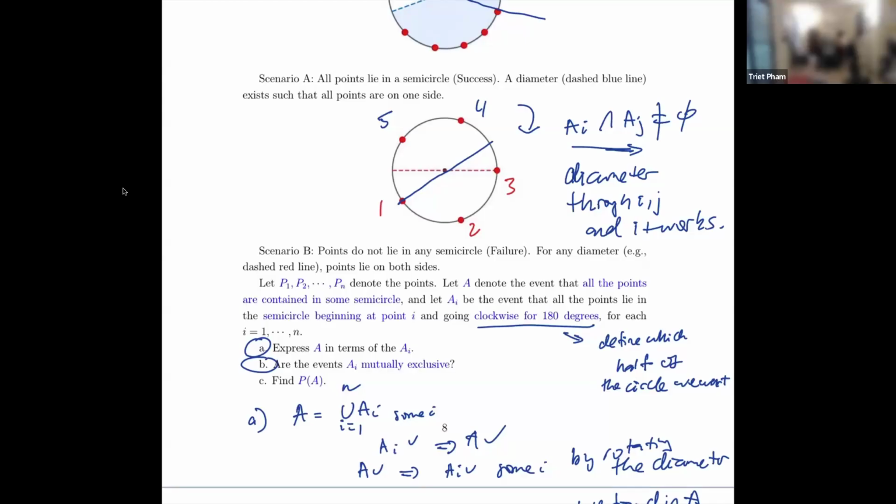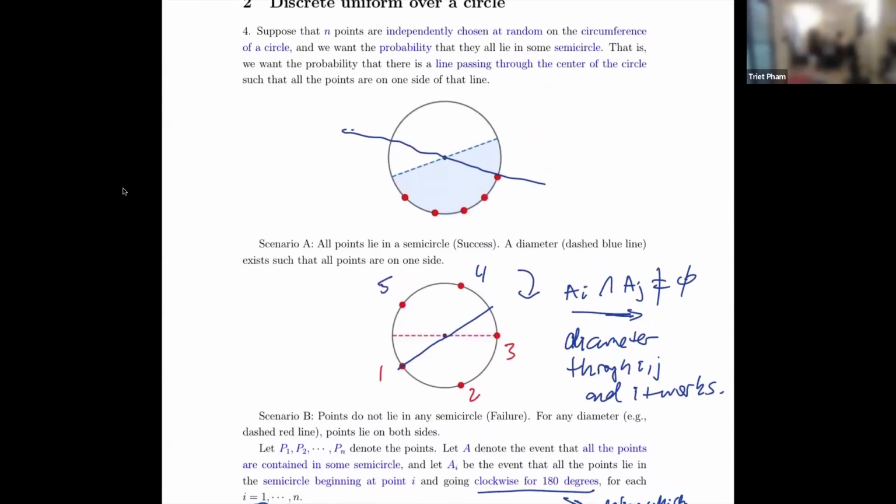I think you immediately think of the case when I and J lie on opposite poles. Like this. Here's I, here's J, and then all the other points are there. Something like that.